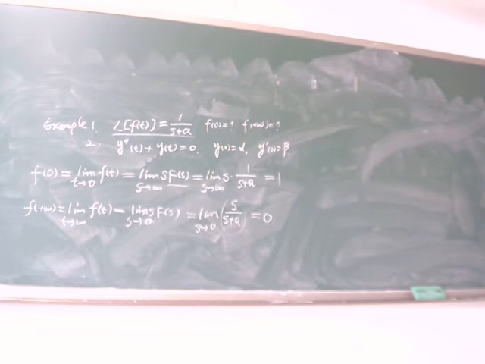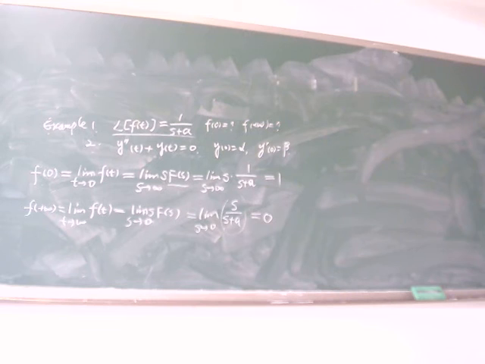This s plus A, and the limit as s tends to infinity, is infinity. This is also infinity. Now maybe the power of this is the same. So we shall write it as 1 minus A over s plus A, as s tends to infinity.